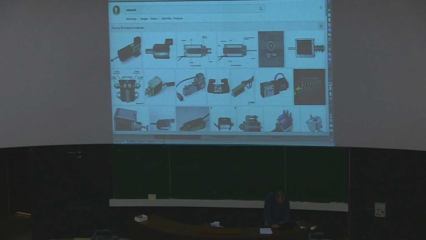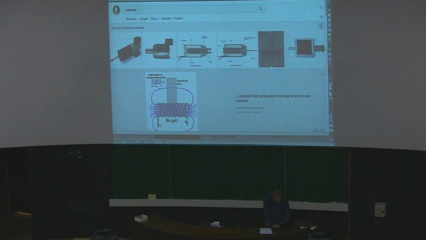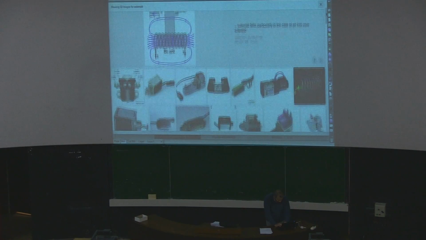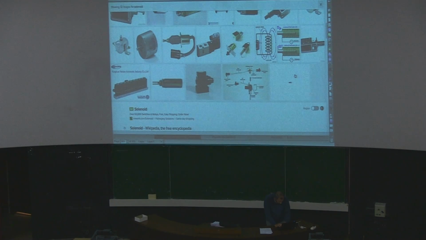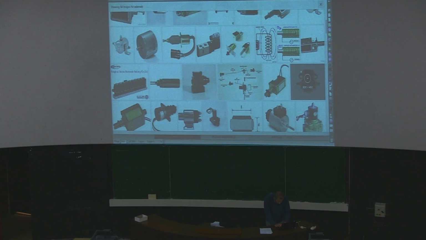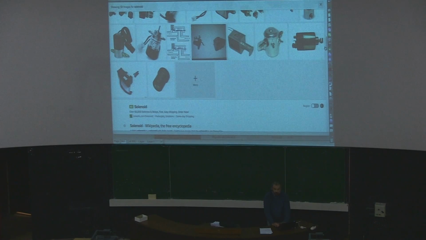Well, for example, this is a schematic diagram. It's just these coils. I mean, they don't have the space in between. Let me see if there are better images. For example, if you remember the demonstrations that we had on Tuesday, there was this ring demonstration.